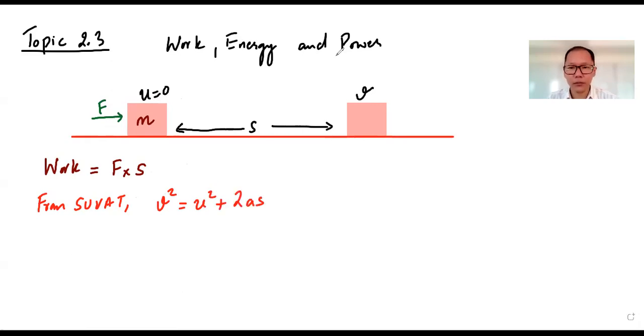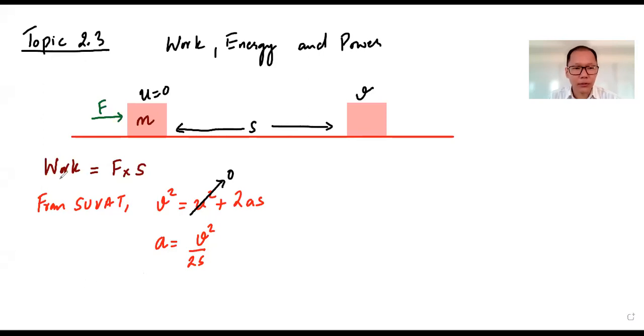And because the initial velocity is 0, I can cancel this out. So u squared is 0. And then I simply have here that the acceleration is v squared over 2s. So this is the acceleration of this object when it goes from u equals 0 to v.